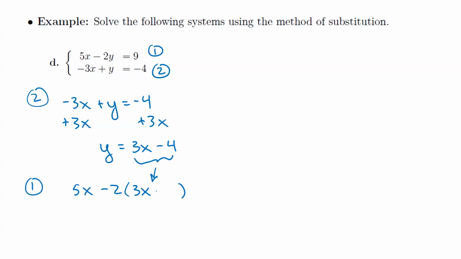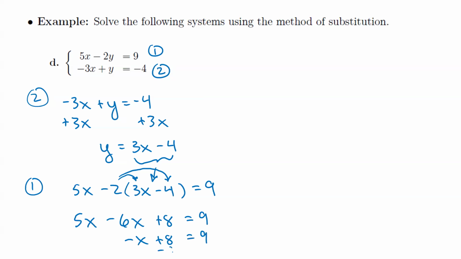Always putting these multiple terms in parentheses, right? Want to really make sure we do that. And as I distribute, I'm distributing the negative through to both terms. So -6x plus 8. So -x plus 8 equals 9. Subtract 8 from both sides.